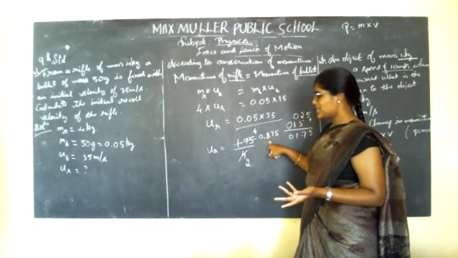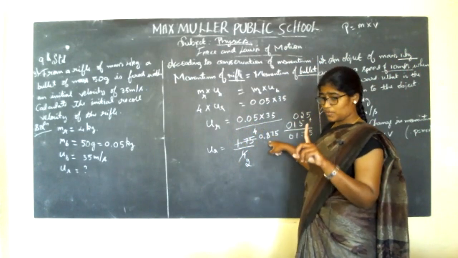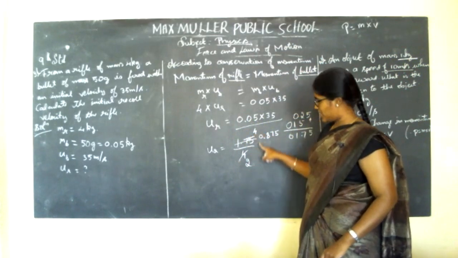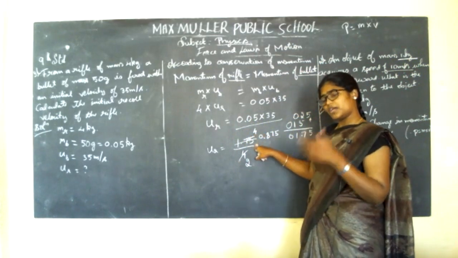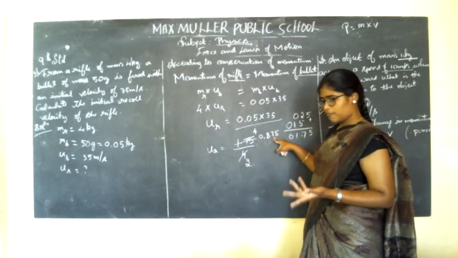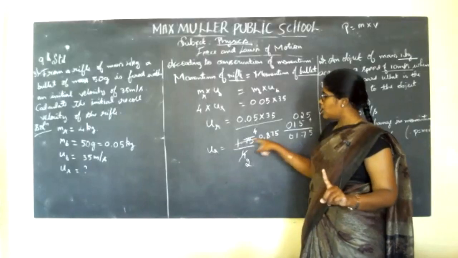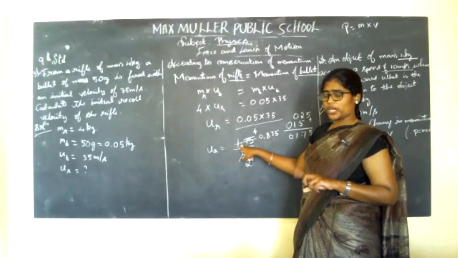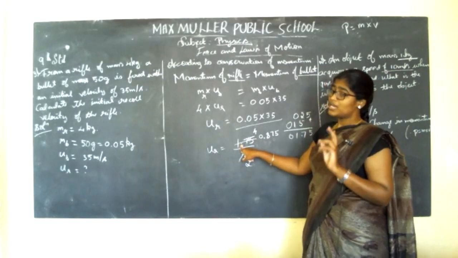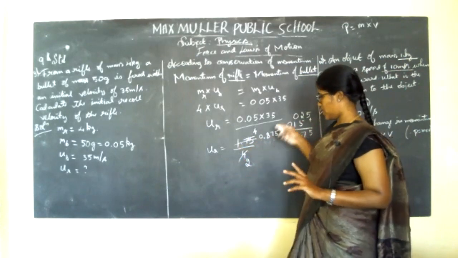So 2 8s are 16. 17 minus 16 will be 1. So 1 will come to this 5. So 1 and 5 will become 15. So 2 how much is 15? 15 won't go. 2 7s are 14. One more 1 will be there. You have already put the decimal point. So it is 1 and 0. 1 and 0 will be 10. So 2 how much are 10? 2 5s are 10.